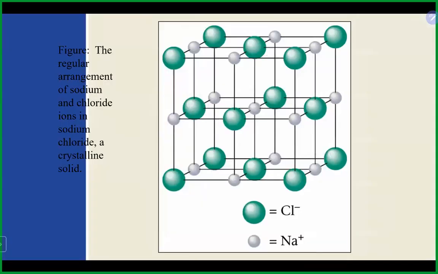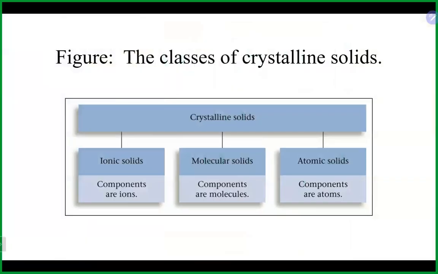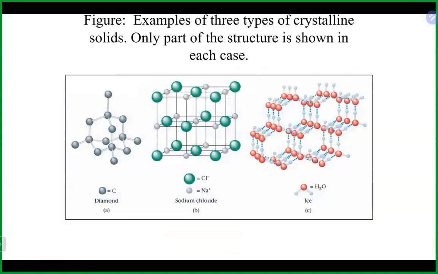So this is an ionic solid, and again, when they come together, it is a very, very ordered method, obviously maximizing attractive forces between the oppositely charged ions and minimizing repulsive forces between similar ions. This is also an example of the different types of solids here.